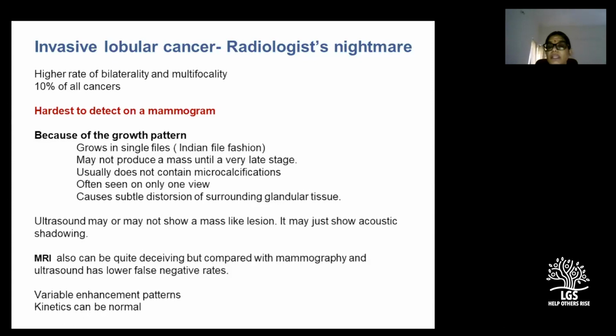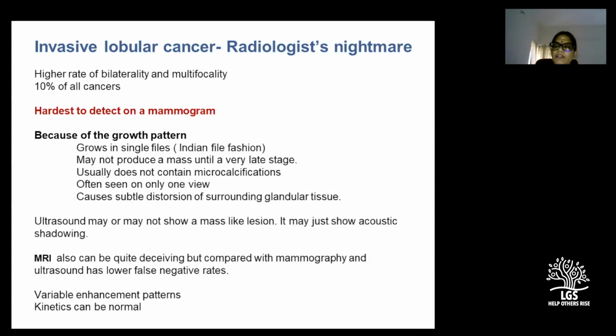And lobular cancers, because they keep growing insidiously, don't cause any major necrosis, and so therefore there is no microcalcification.